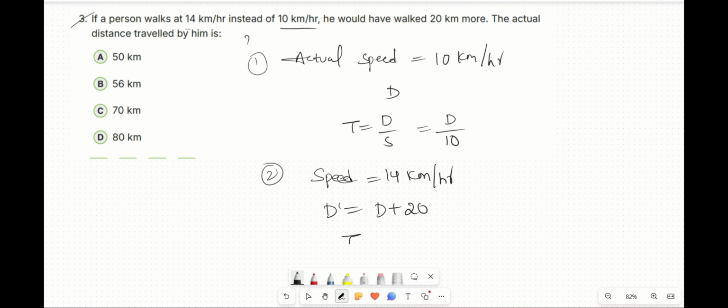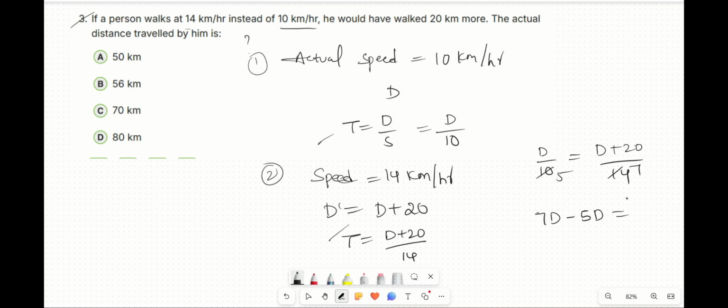So here the time is d plus 20 by 14. The time is the same in both cases, so we can equate those. d by 10 equals d plus 20 by 14. 2 5s are 10, 2 7s are 14. 7d minus 5d equals 20 into 5. So 2d equals 100, d equals 50 kilometers, which is option A.